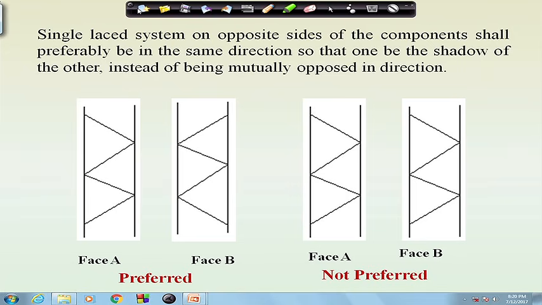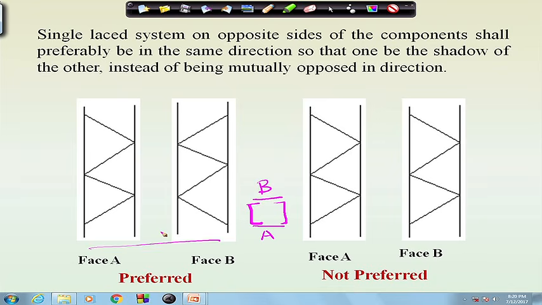Now, coming to the single lacing system, say for example, we have a channel section, toe to toe. Now, we will be providing lacing here and we will be providing lacing here. This is called face A and this is face B, right. Now, the preferred orientation should be like this.